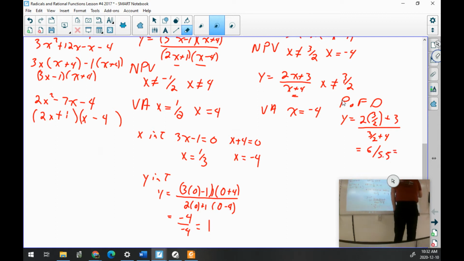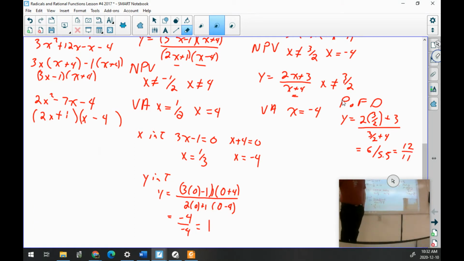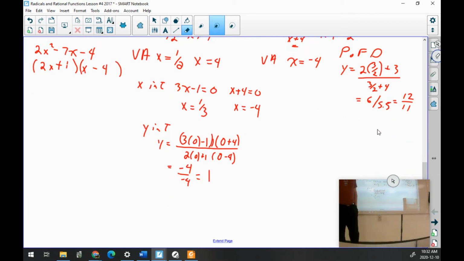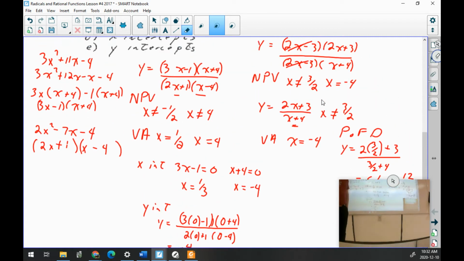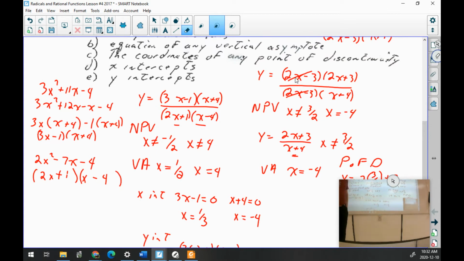That reduces to 12 over 11. So my point of discontinuity with this one is going to be 3 halves, 12 over 11. Okay. So we know it was a point of discontinuity because it occurs where we get rid of this factor.